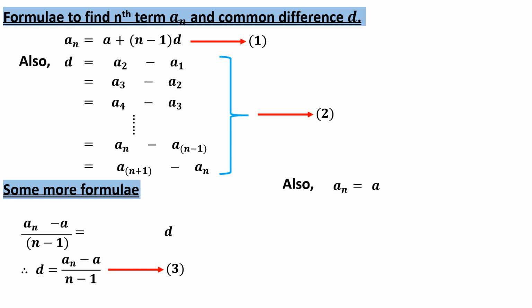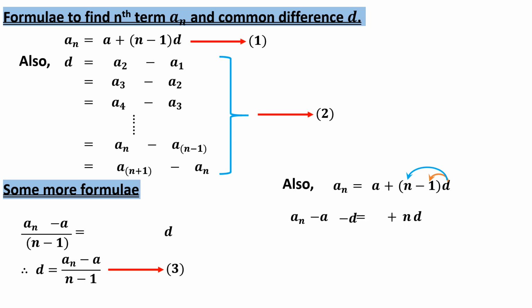Also, again, look at this formula for the nth term. An equals a plus n minus 1 into d. Now, let us open the brackets here. An equals a plus n into d minus 1 into d is d. Let us bring a to the left hand side. This becomes negative.